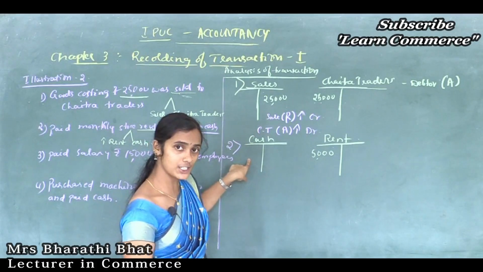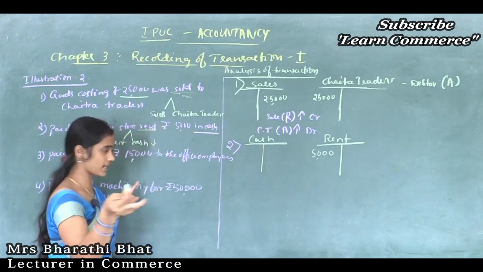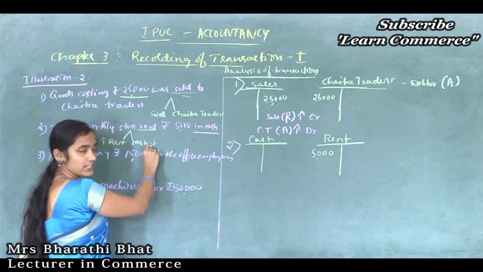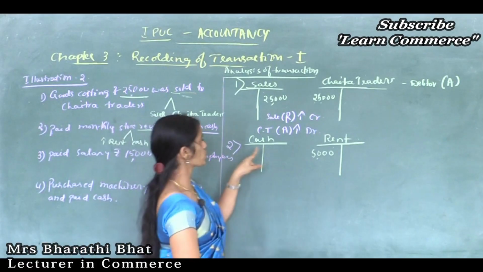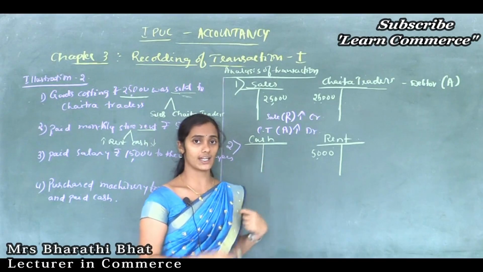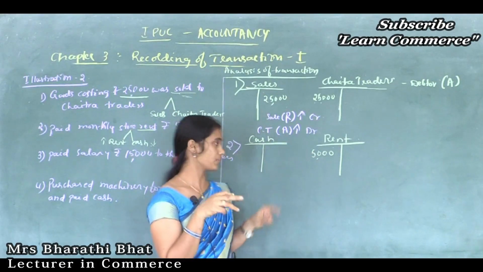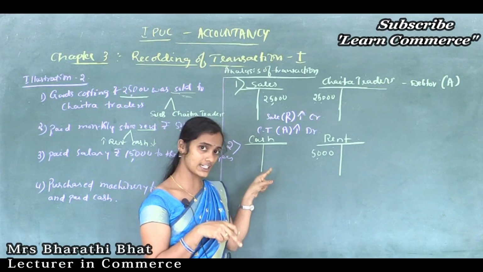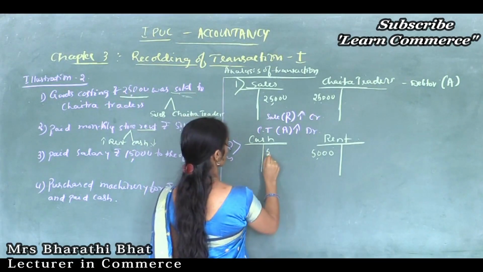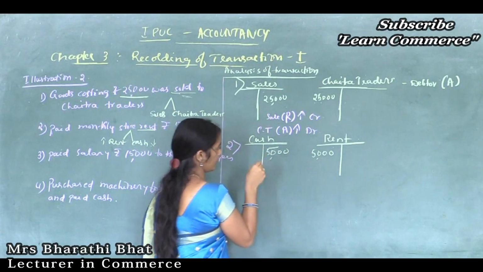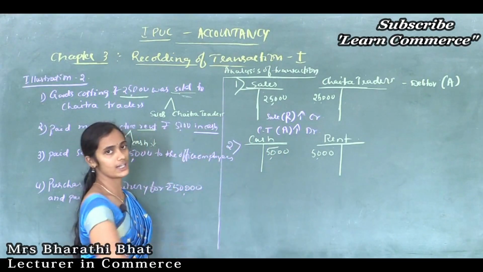Decreases in asset is, here two different accounts are affected. One is rent, considered as expense, and one more, cash, is considered as asset. So increases in expenses is to be debited, decreases in asset is to be credited. So 5,000 here. Amount debited equals amount credited.